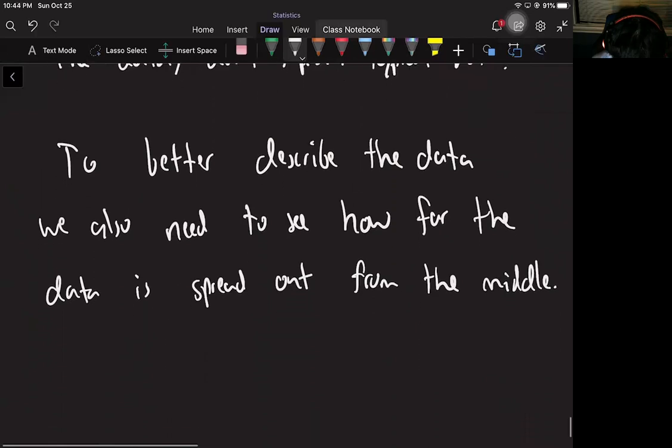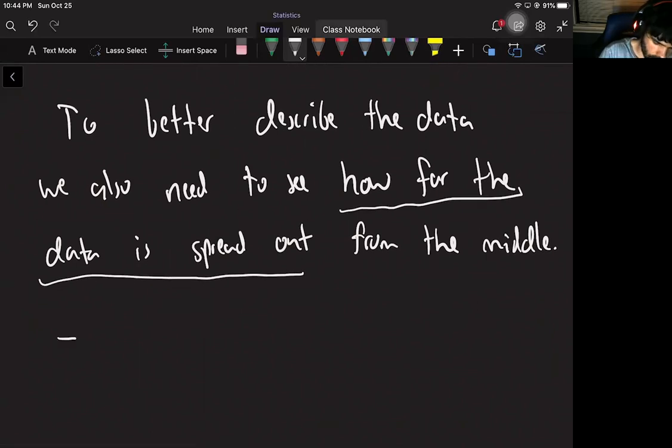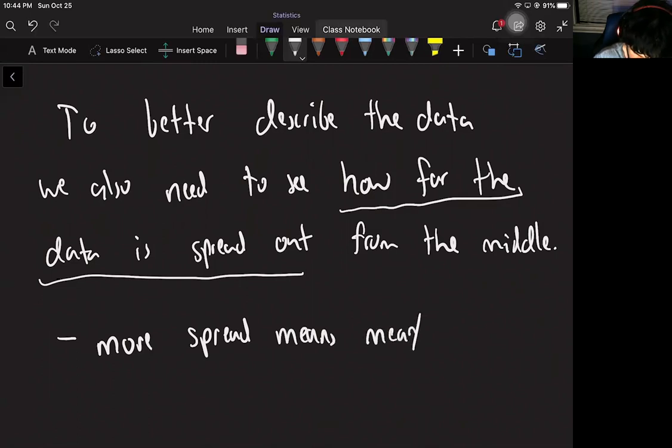So that's what we're going to do next: we're going to figure out how to describe the spread of the data, how spread out the data is. The idea should be that if I calculate more spread, that should mean that the mean and the median are not useful.